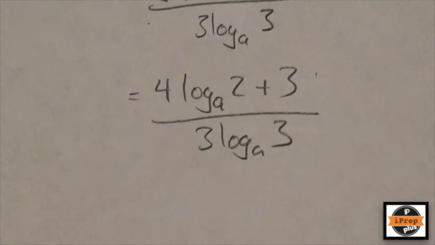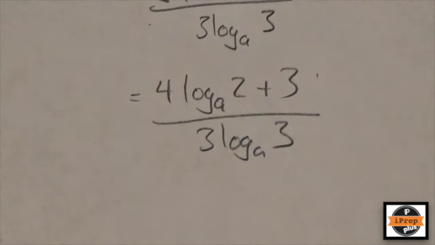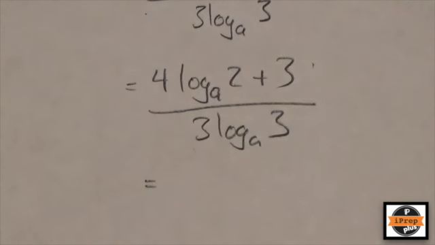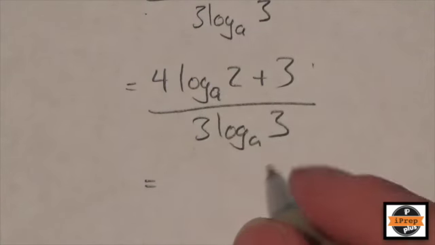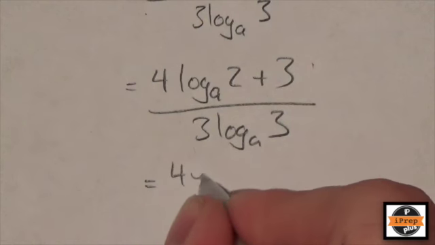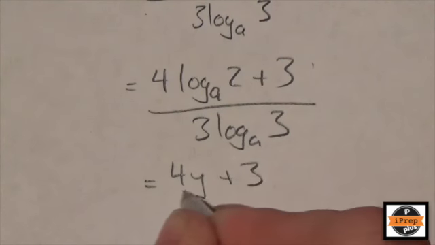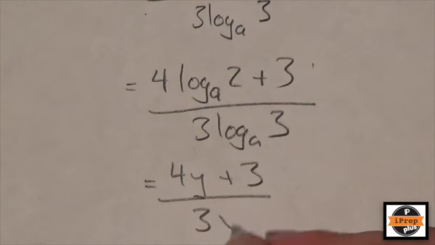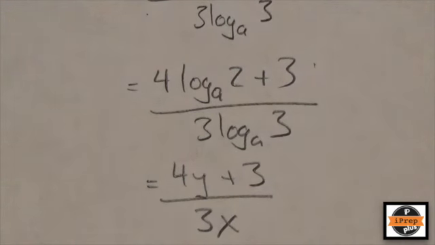And now, because I've brought the exponents out, now I can make the substitution here. Okay, the log base a of 2, we know from the question here that that's just y. There's the 3 there, and then this is going to be 3x, because log base a of 3 is x. And that's the expression that we were looking for.